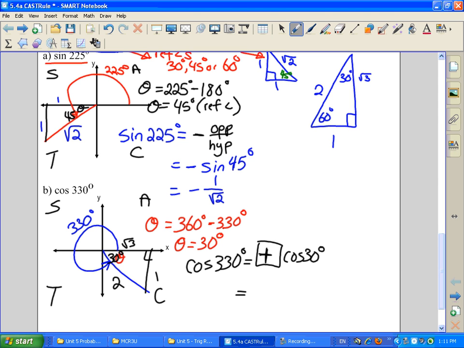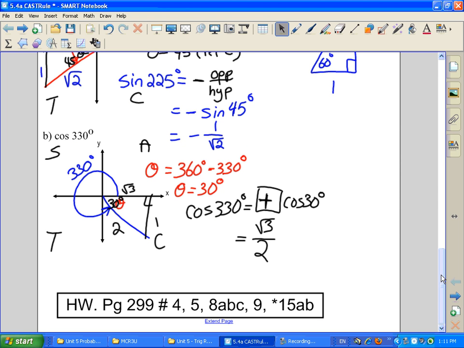And when we take a look at the 30 degrees, ladies and gentlemen, cosine of it, if you look at the sides, it's going to be the adjacent, which is root 3, over the hypotenuse, which is 2. Okay, so when it asks for the exact value of cos of 330, that equals root 3 over 2. All right, so there's another piece of the puzzle added on there, ladies and gentlemen.